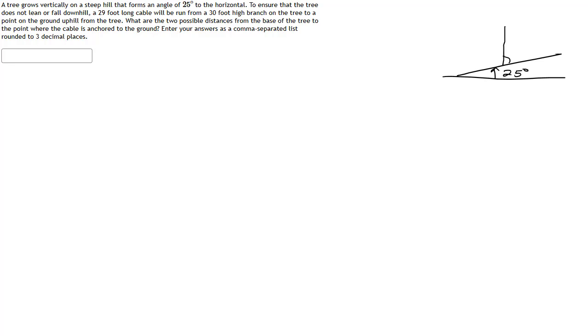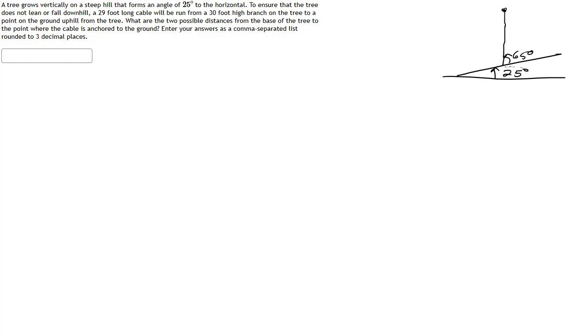If this is a 25-degree angle and this one is perpendicular to the horizon, there'd be 25 right here, and then this would be the leftover from 90, right? So that's how we would get 65 degrees there.